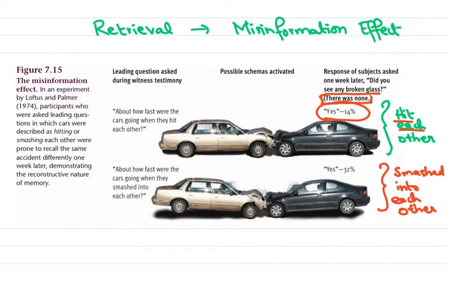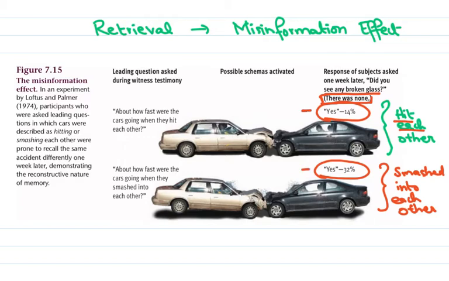But for the group of participants for whom you described the video as two cars smashing into one another, 32% of them said yes, that they saw broken glass, which is almost double. It's actually more than double the amount of participants here.